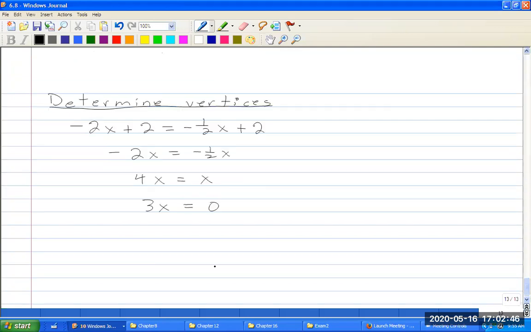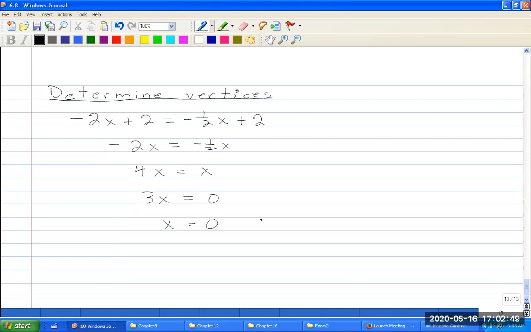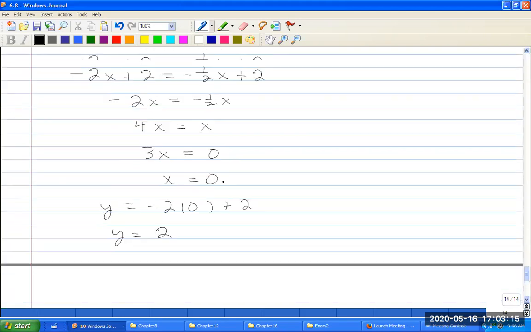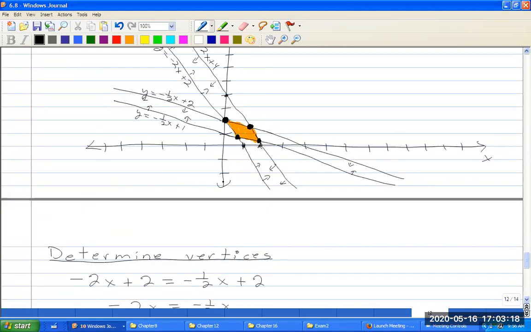But if x is 0, then I have that y is equal to, well, it doesn't matter which one I use, say negative 2x plus 2 is 2. So one of the vertices is at 0, 2. So that's one of the vertices, which we could see was fairly obvious. Let's look at the other ones, which aren't going to be quite as obvious.